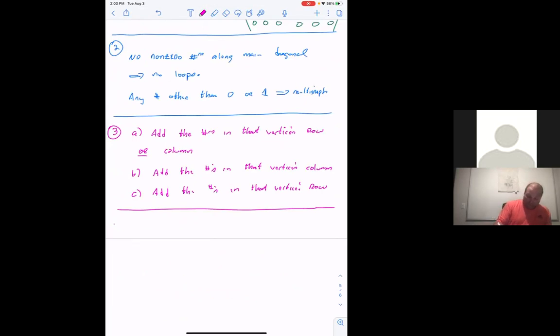So now finally, the last question for this exercise, question 4.